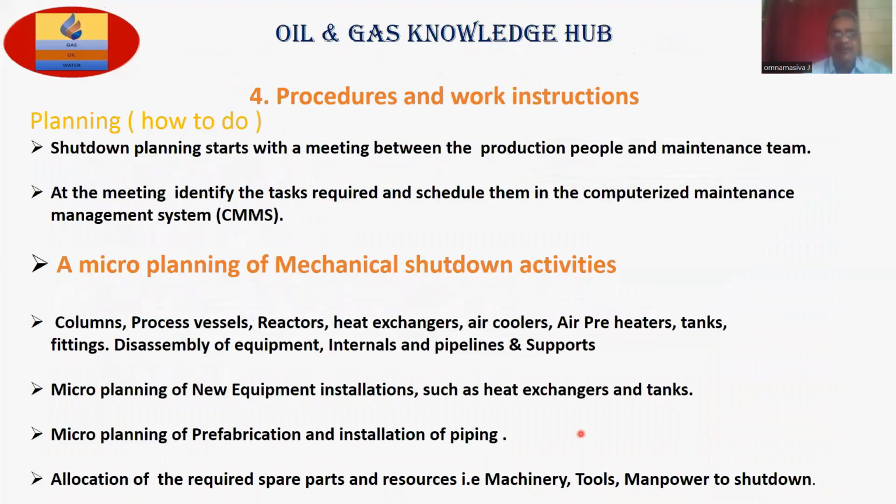How to do planning? Shutdown planning starts with a meeting between the production people and maintenance team. At the meeting, identify the tasks required and schedule them in the computerized maintenance management system.